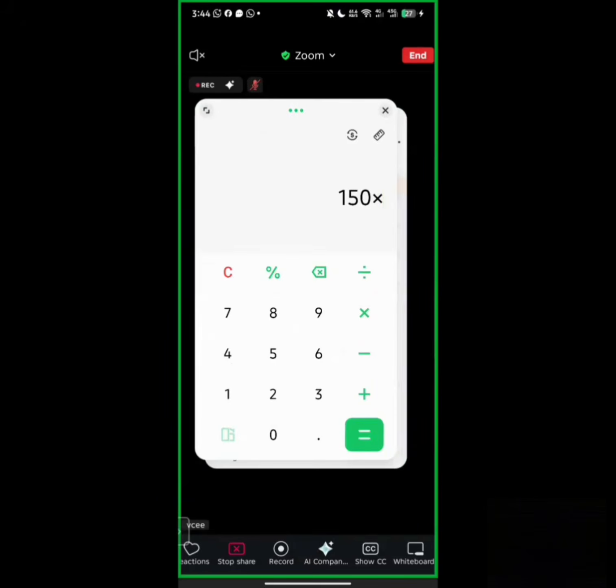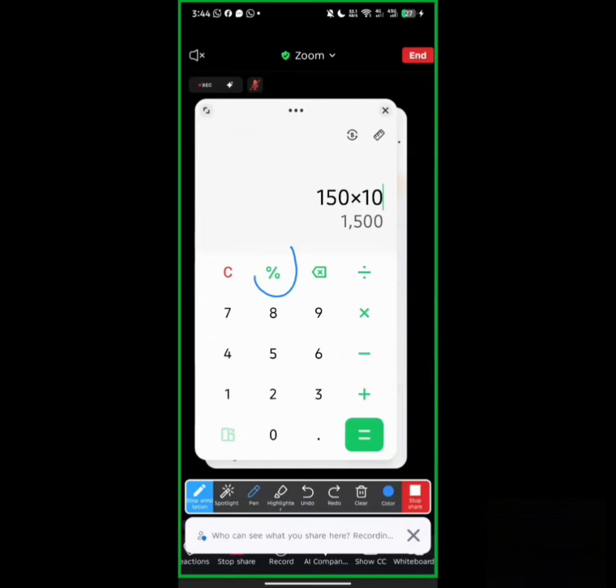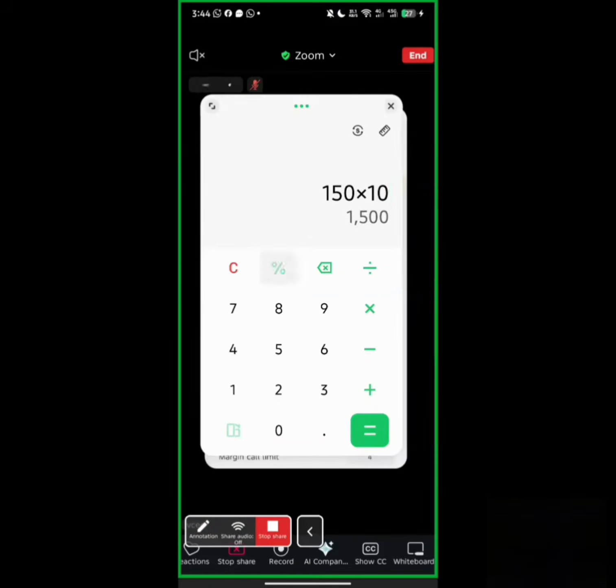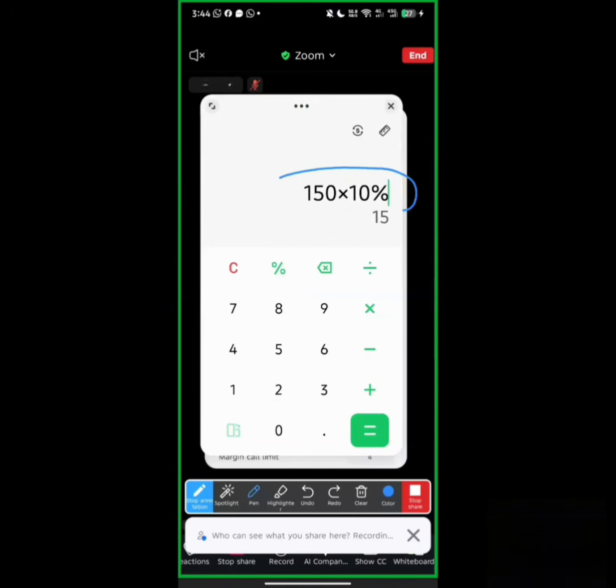I said 10%. Then you put 10. And after putting 10, you put percentage. You see? Percentage is always here for you to use. Okay, so after putting 10, you put percentage like that. You can see 150 times 10% gave you 15.